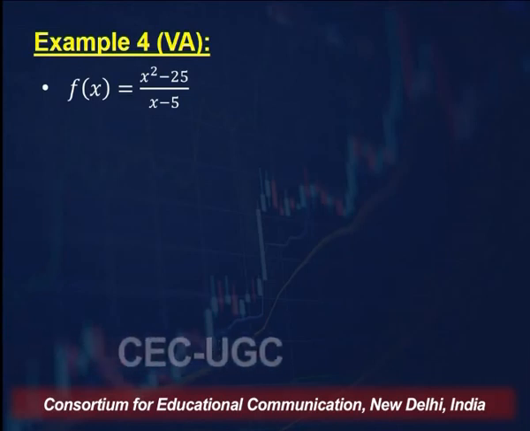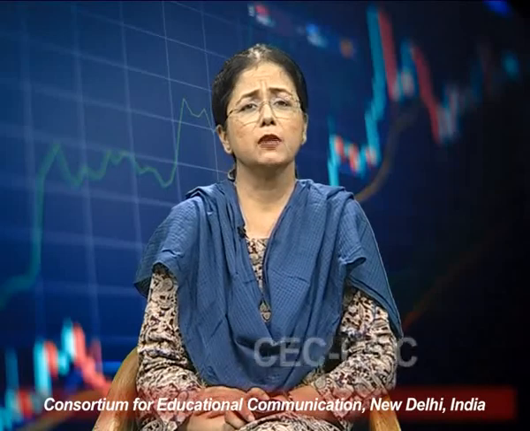I'm saying if it exists because there can't always be situations where you get a 0 in the denominator. For example, if you have x squared plus 1 in the denominator, you can't possibly put it equal to 0. So if the vertical asymptote exists, I would like you to ask yourself what it will be, or if there's more than one vertical asymptote, what they will be.